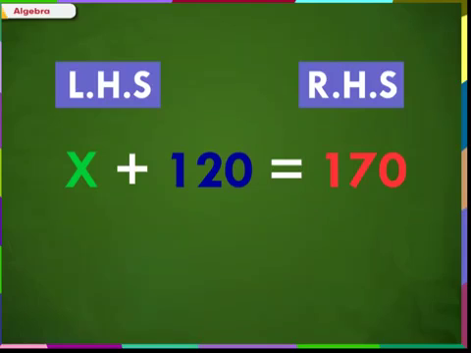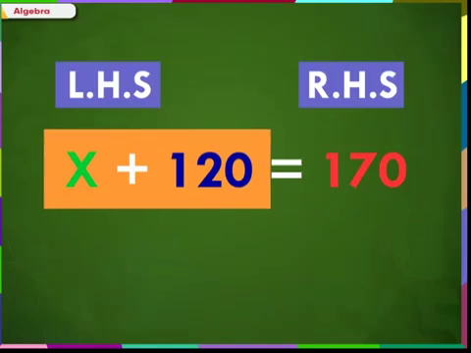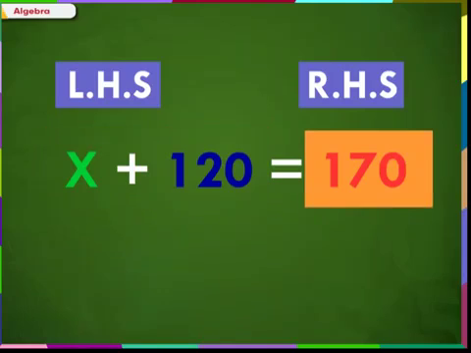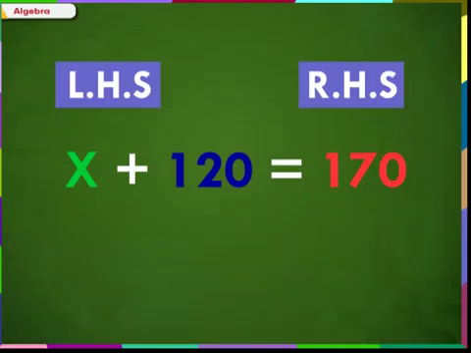In this equation, the quantity x plus 120 is the LHS and the quantity 170 is the RHS. It is important that the value of these 2 quantities should always be equal. Then only we can say that the equation is true.